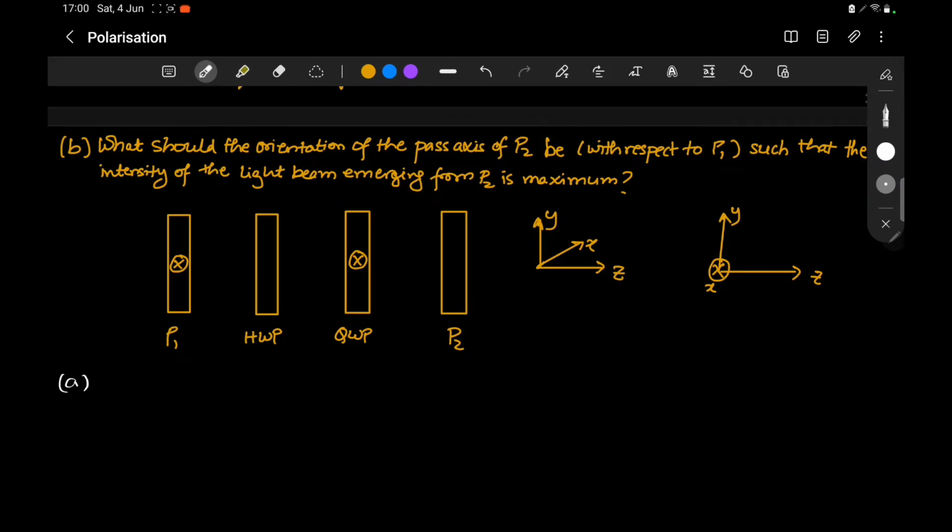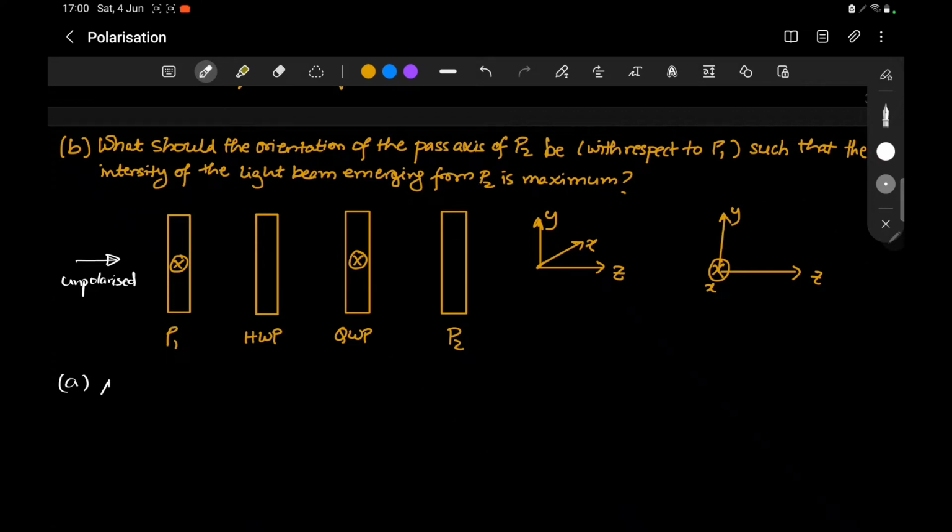So we have unpolarized light incident on P1. This is unpolarized. And after the polarizer, we know that this would be polarized along the transmission axis of P1.